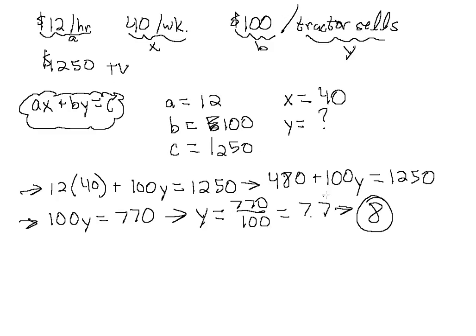We need to round up on this one because he needs to sell at least 8. If he sells 7, he's going to be short. So we want to make sure that the answer makes sense, not only numerically, but also in a real-world application. So just look at this video a few times, make sure you fully understand it, and I'll see you soon.